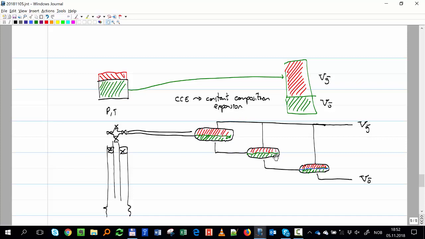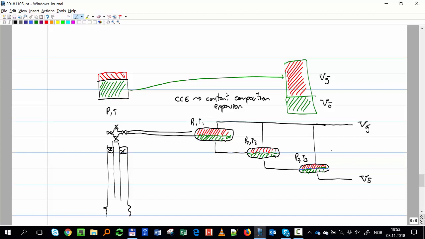Depending on the surface process we have, that we are going to cover by the end of the week, depending on how many separator stages we have and the conditions of pressure and temperature, P1, T1, P2, T2, P3, T3, the ratio will change.